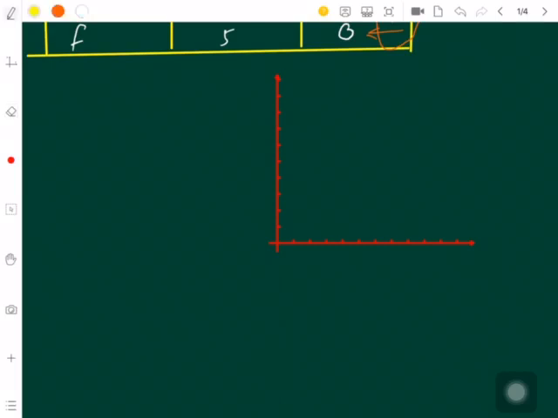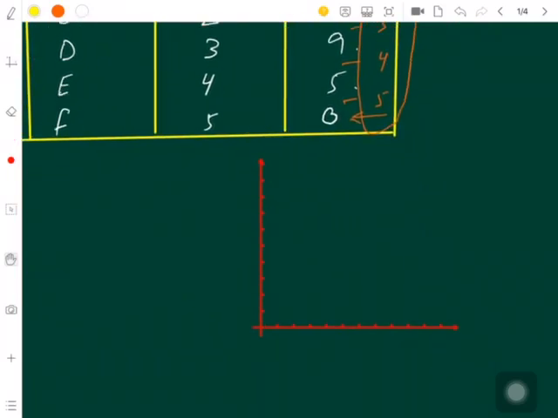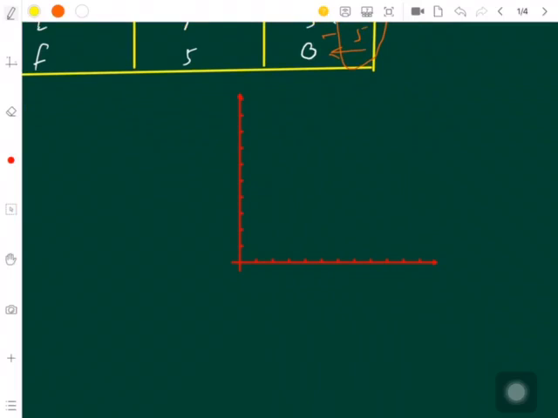Looking at the table, we have wheat and we have tanks. We can take any of these 2 things on our given axes, that is the x-axis and y-axis. Let us take tanks here on the y-axis. This is the origin, and on the x-axis let us take wheat.